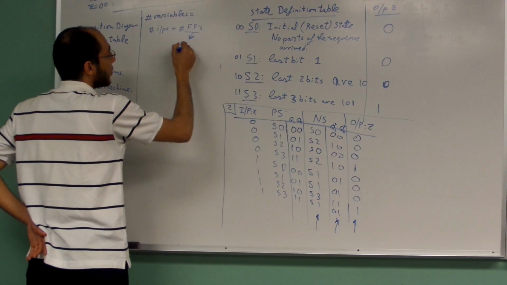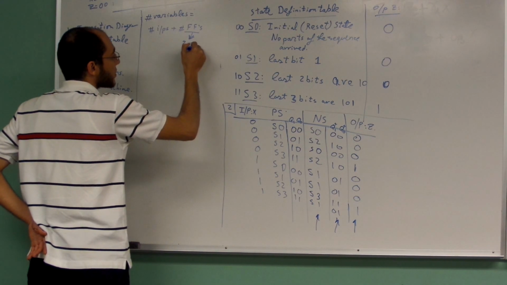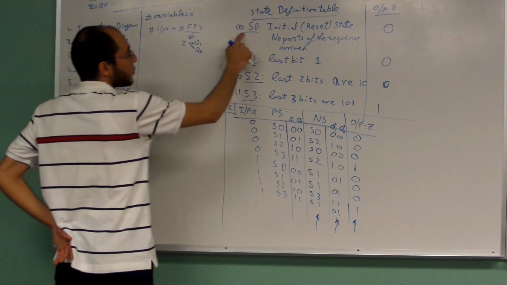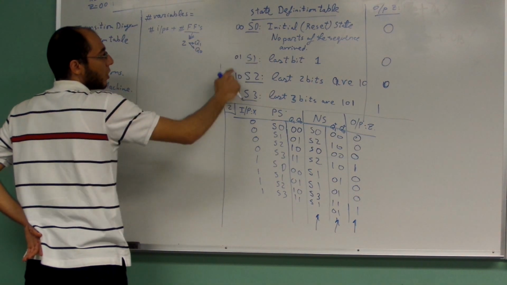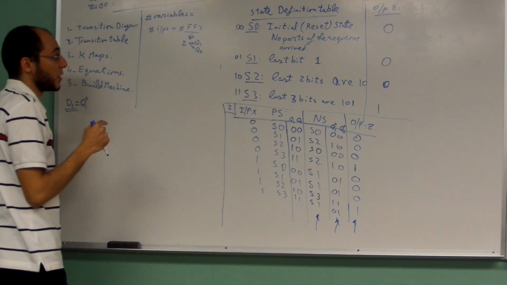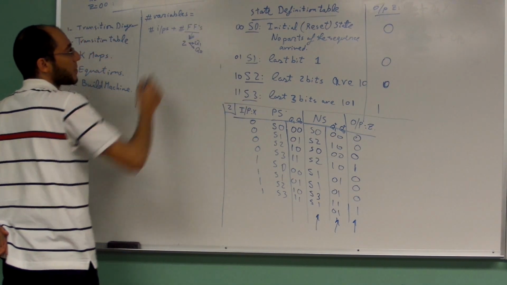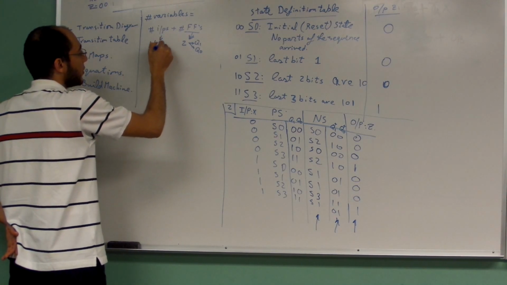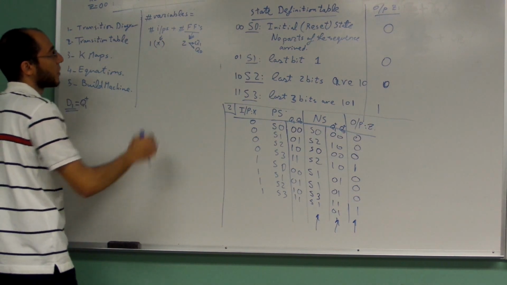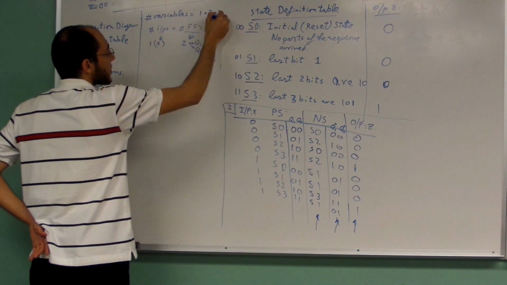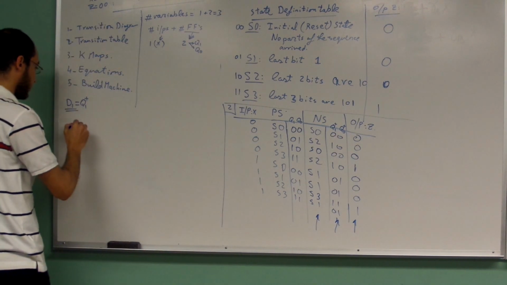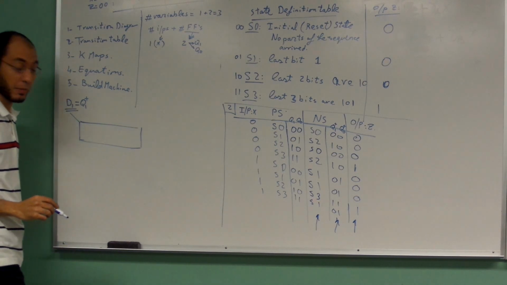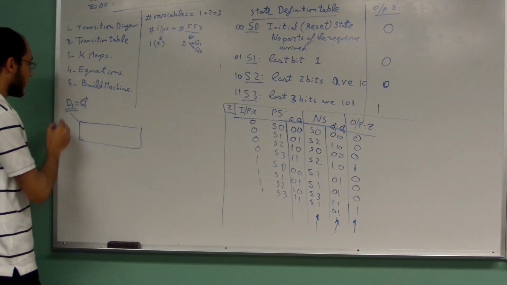We have 2 flip-flops because Q1 and Q0, a pair of bits, give 4 assignments: 0 0, 0 1, 1 0, 1 1. Plus the number of inputs, which is only 1, x. So that's 1 plus 2 equals 3. So it's a 3-variable K-map.